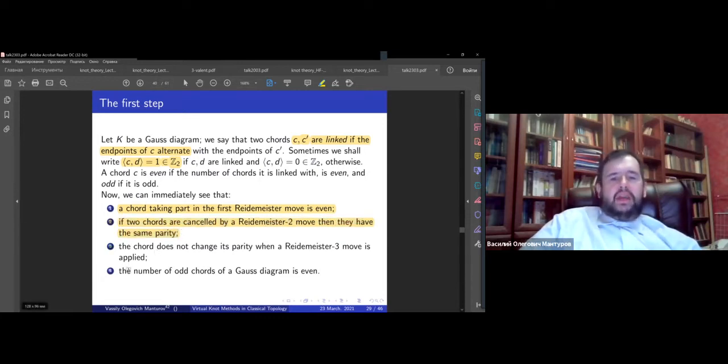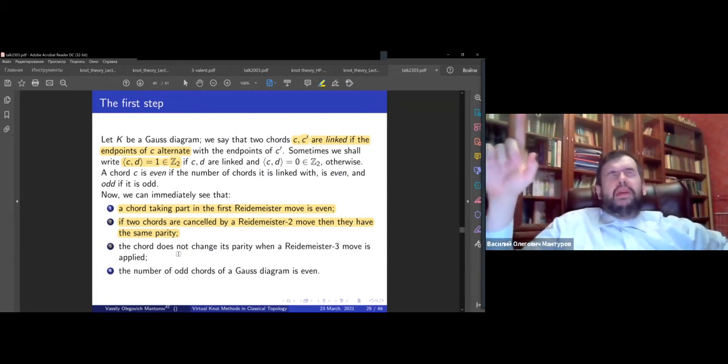And excuse me, I forgot to say about one crucial axiom: if we have three chords taking part in the third Reidemeister move, then the number of odd chords among them will be even.